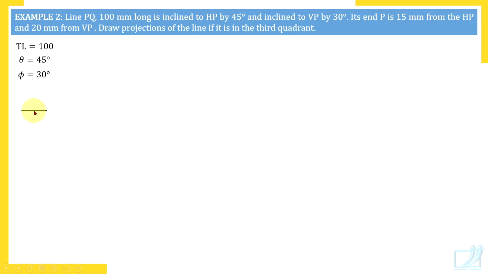So measure 15 millimeters below XY line, because we know that point P is in the third quadrant, so top view above and front view below. So measure 15 millimeter, this is distance from HP, that means that is front view of point P. And 20 millimeter, we have measured it behind XY line, because top view is above and top view gives distance from VP. Okay, this is what we have studied in projections of points.